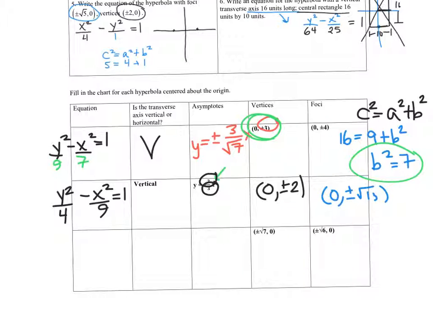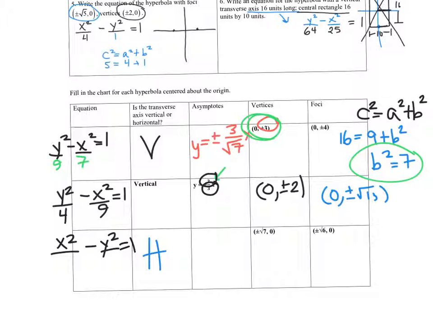Okay, and the last one, the vertices and my foci are both on the x-axis, so that means that this must be going horizontal. So in order for it to go horizontal, it needs to be x squared over a number minus y squared over a number equals 1.